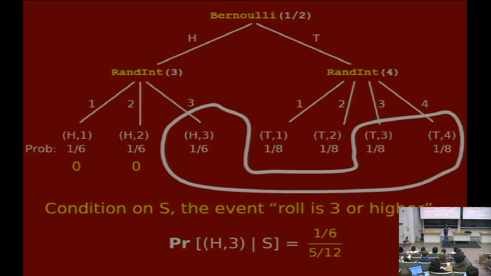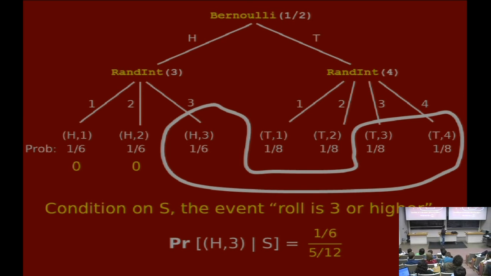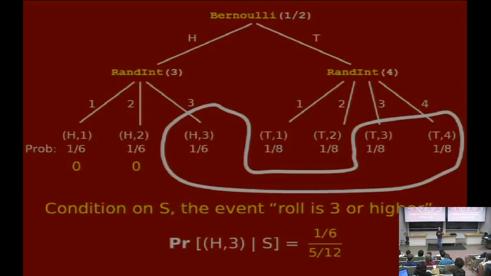If your friend now tells you the event S happened, it was one of these 5/12 times 1,000,000 outcomes, and of those outcomes, 1/6 of them were heads 3. So that's why we feel the conditional probability of this outcome is 1/6 over 5/12.